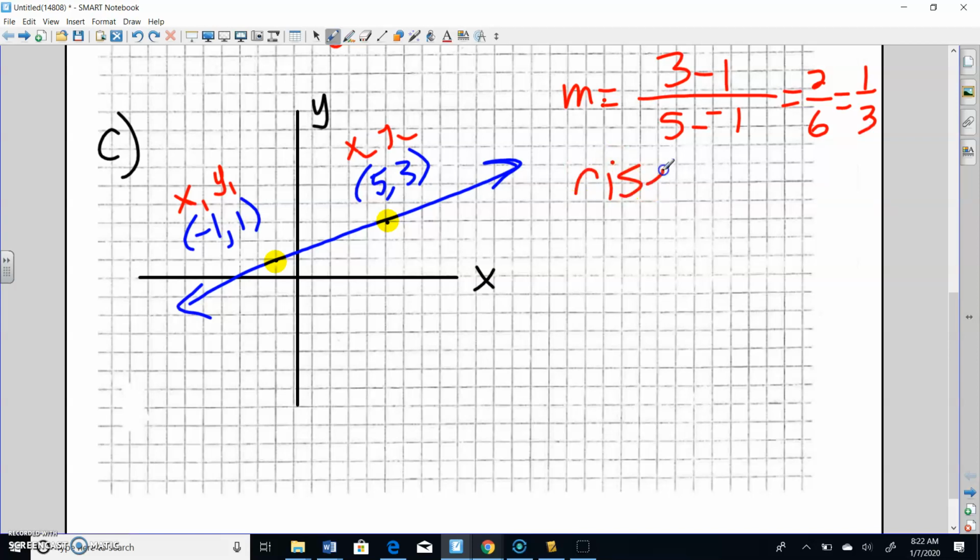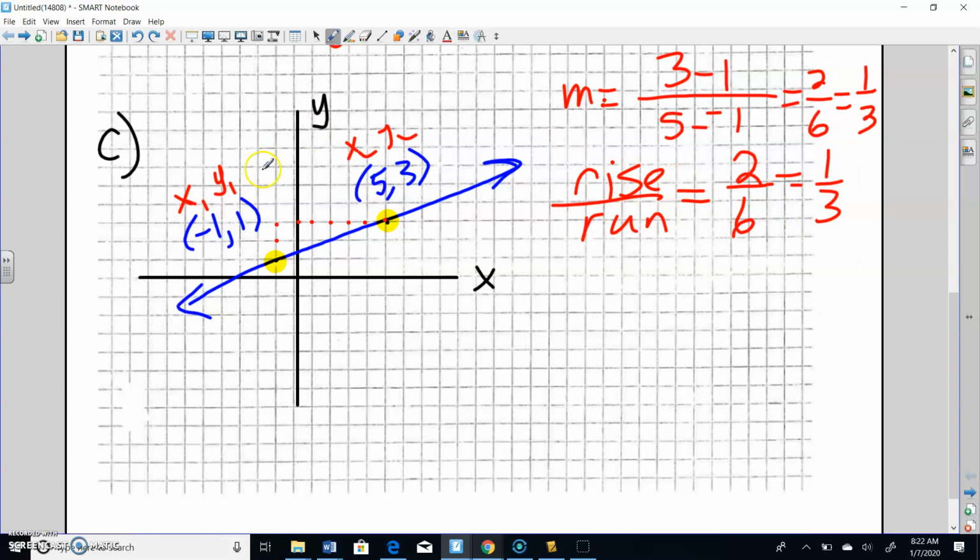Remember, rise is up or down, run is left or right. So we pick one of the 2 points. So if I'm going to go from this point to that point, then I would go up or down. So I have to go 1, 2, up, 2 units up, to get on the same level as that point. So up is a positive 2, so my rise is positive 2. And then to get over the run to get to that point would be 1, 2, 3, 4, 5, 6 units. So the run is 6, which also gives me a slope of 1/3.